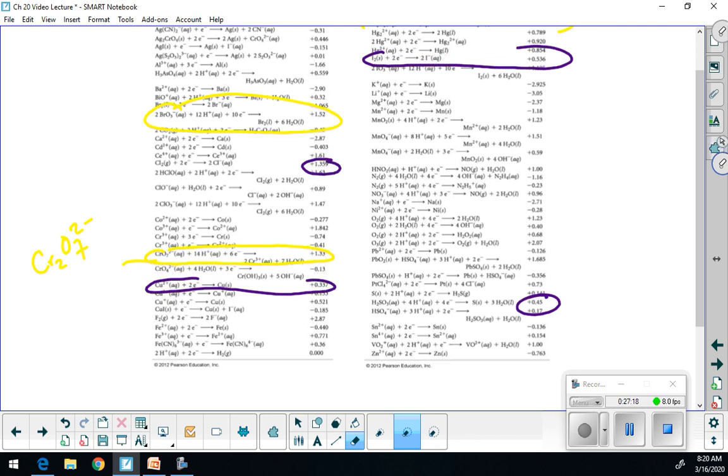So I have a 0.45 volts, and my manganese 2+ is a negative 1.18, right?